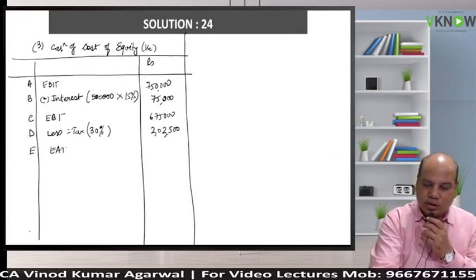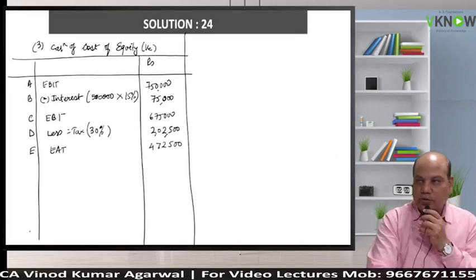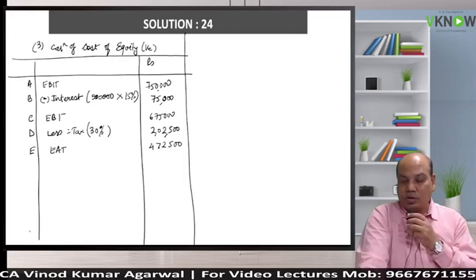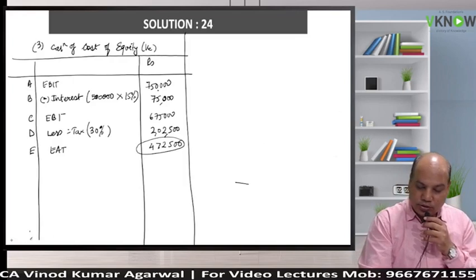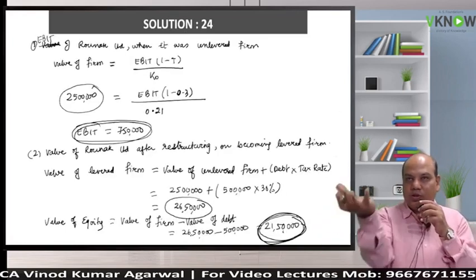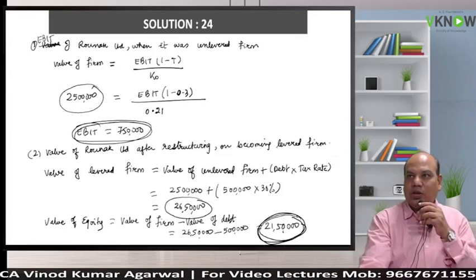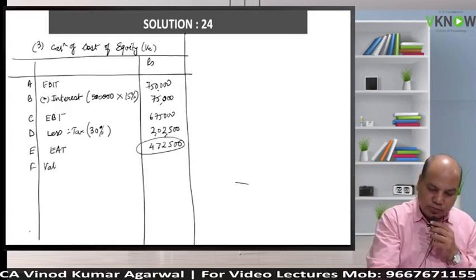This is the earning available to equity shareholders, 4,72,500. Do you agree? This is the income and this is the value. So don't you think that if this is the income and this is the value, I can get KE now? EAT upon value. So point F, write down value of equity.